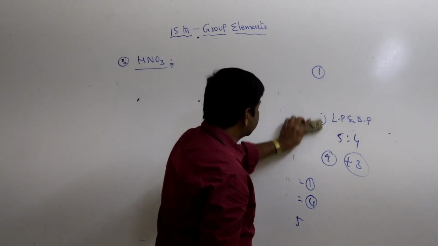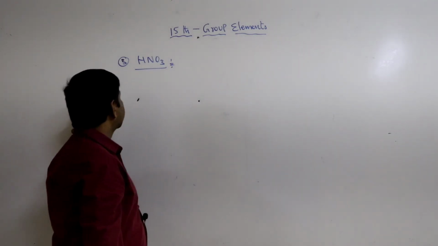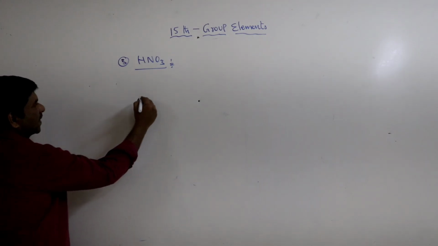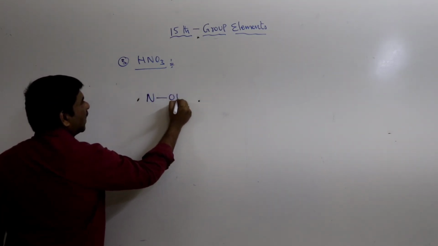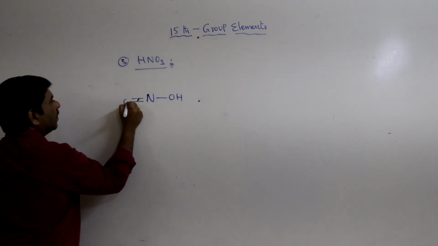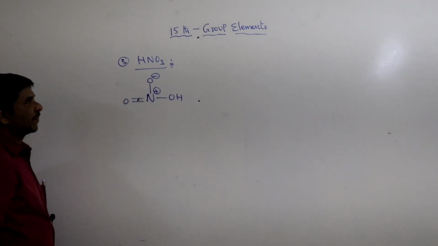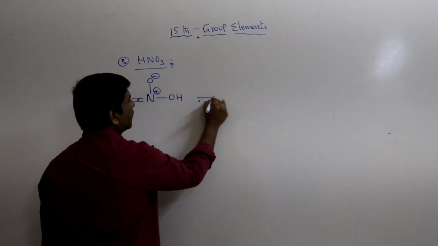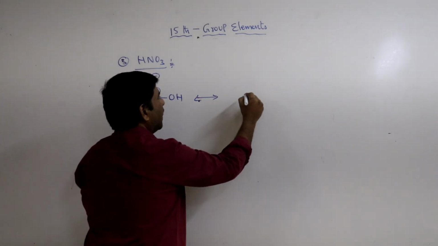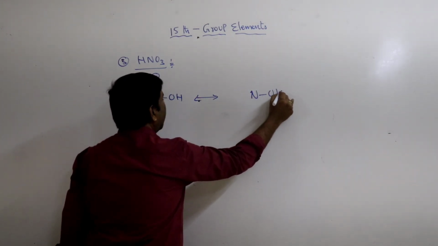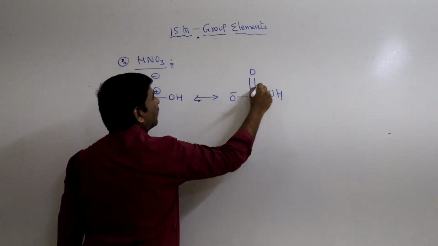It is written as H, OH, double bond O minus, N plus. Or it is also written as N, OH, O minus, double bond O plus.